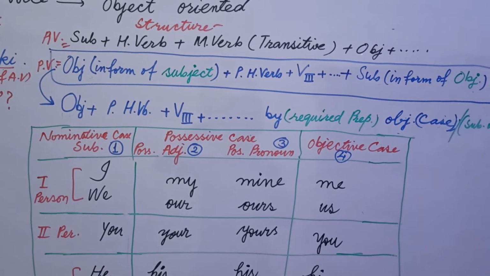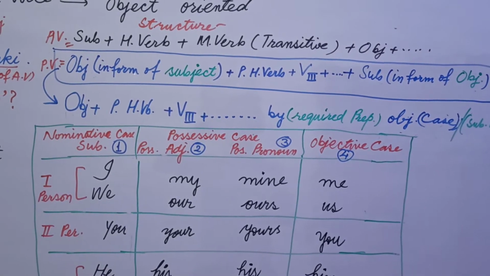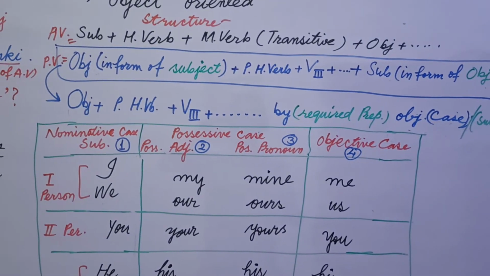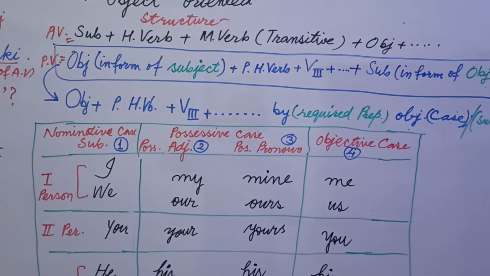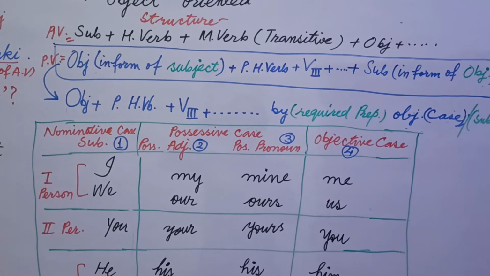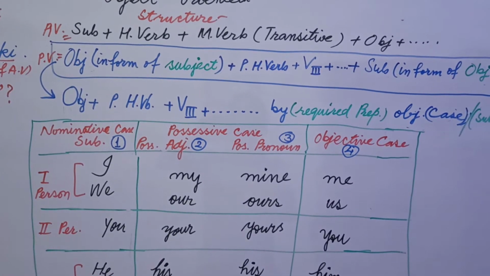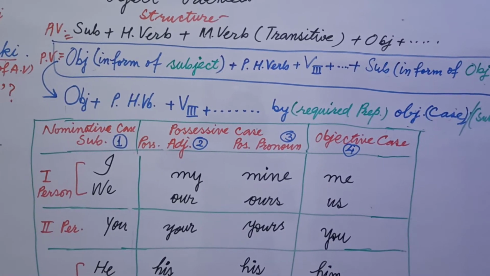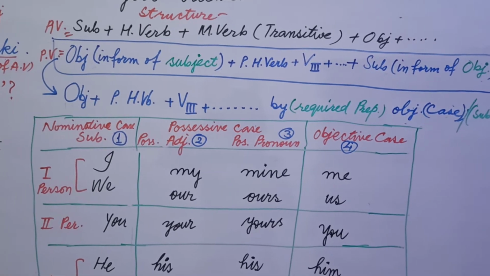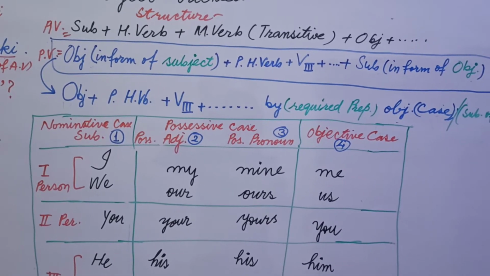Suppose it was me, you will write I here. I will remain object, but the face of I will be like subject. And we will see in the next step of today's lecture how we do this.